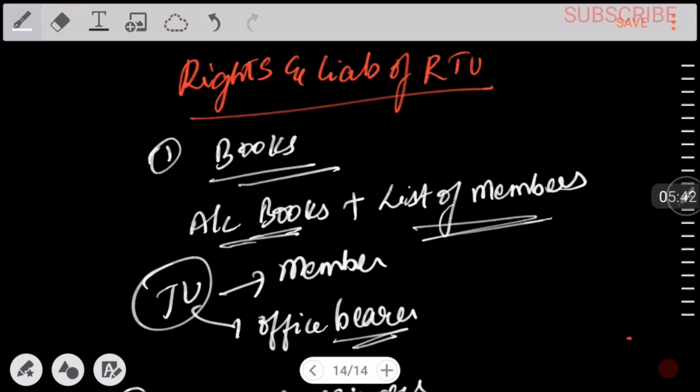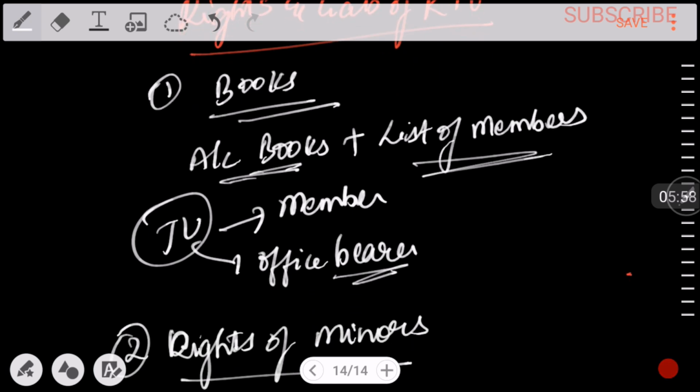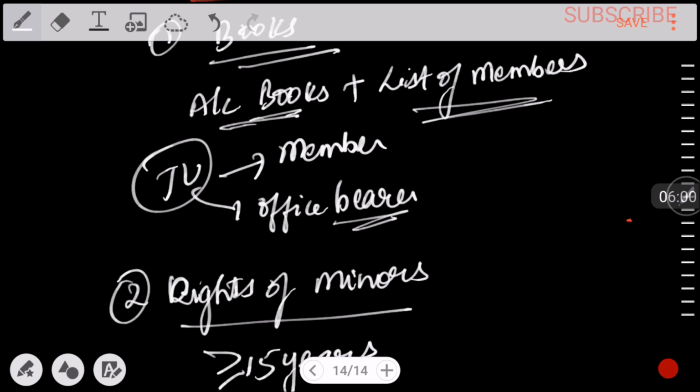I repeat, rights and liabilities of the trade union. First right is inspection of books of accounts. The member or the office bearer of the trade union can inspect the account books plus list of members. Second, rights of minors. Any person who has attained the age of 15 years may be a member of the registered trade union.